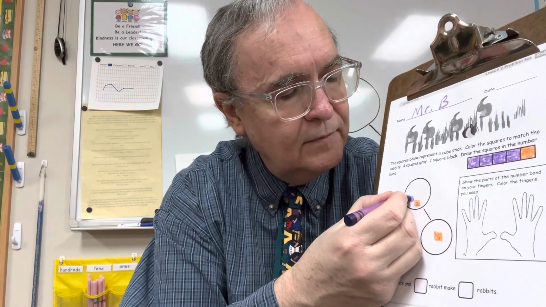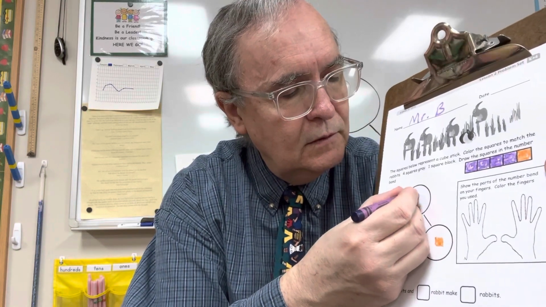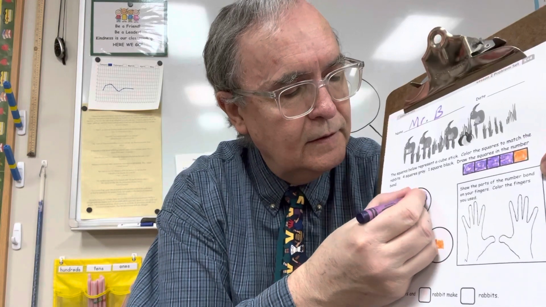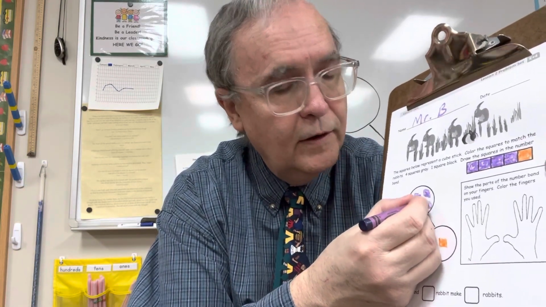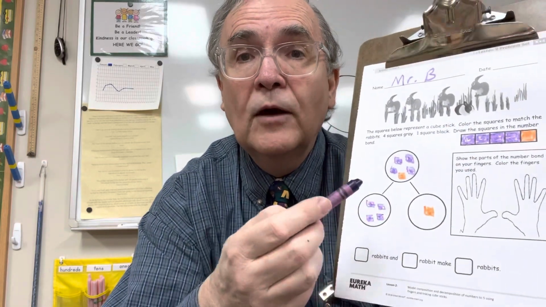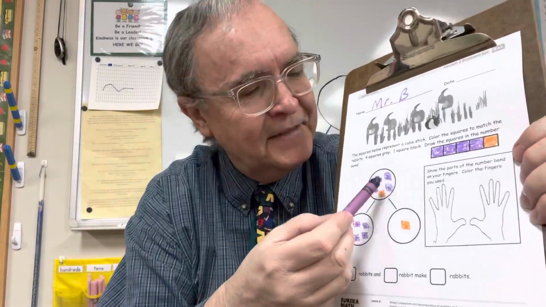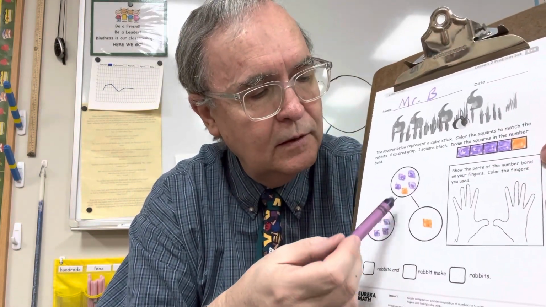You do the same. 2, 3, and 4. There we go. Now my hole shows how many rabbits all together. 5. There are 5 rabbits all together. 4 and 1 make 5.